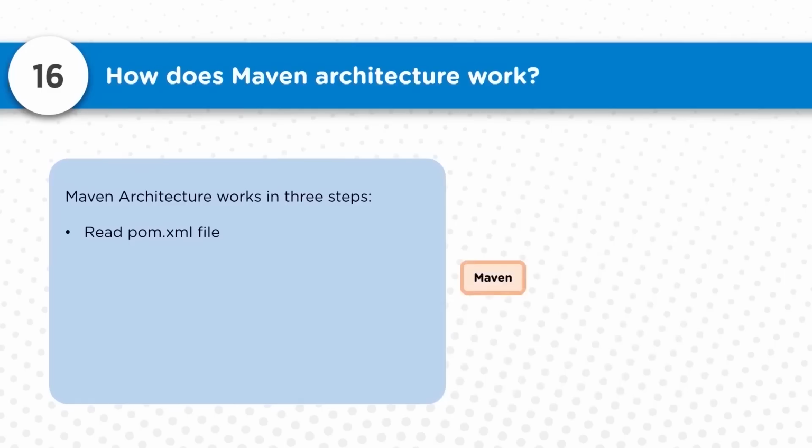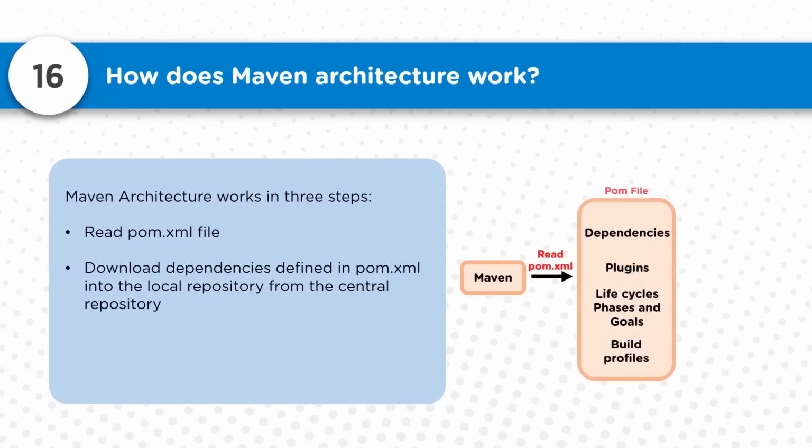Now how does the Maven architecture really work here? The Maven architecture really works in 3 steps. The very first step is that it reads the pom.xml file. Second, it downloads the dependencies defined in the pom.xml file into the local repository from the central or the remote repository.